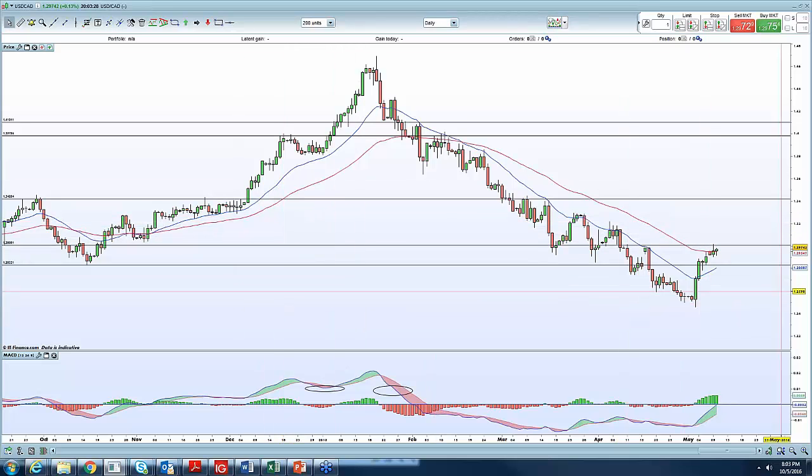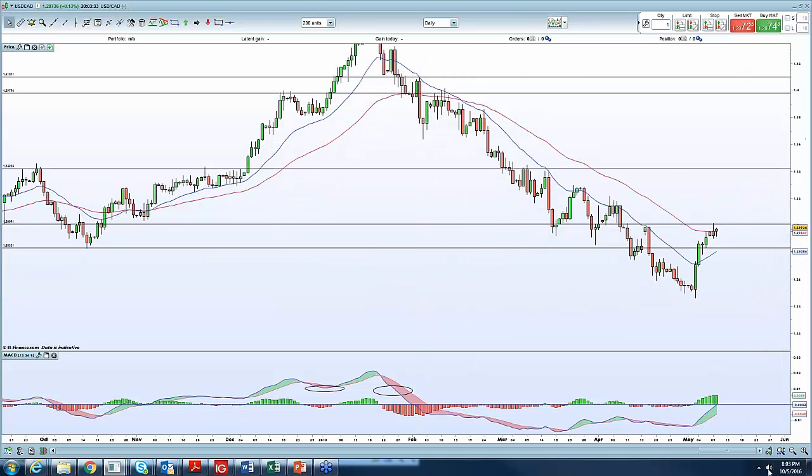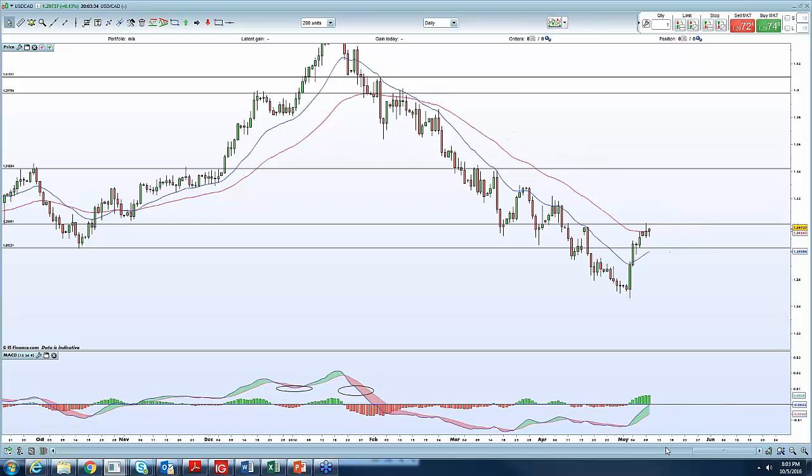I personally would not touch Dollar CAD, because like I said in my example in the beginning of the webinar, it's one of those cases whereby the trend was really nice, down, down, down, and then the news caused it to spike higher. So I'm not too sure sentiment-wise who's in charge, whether the technical side of things or the fundamental side of things.